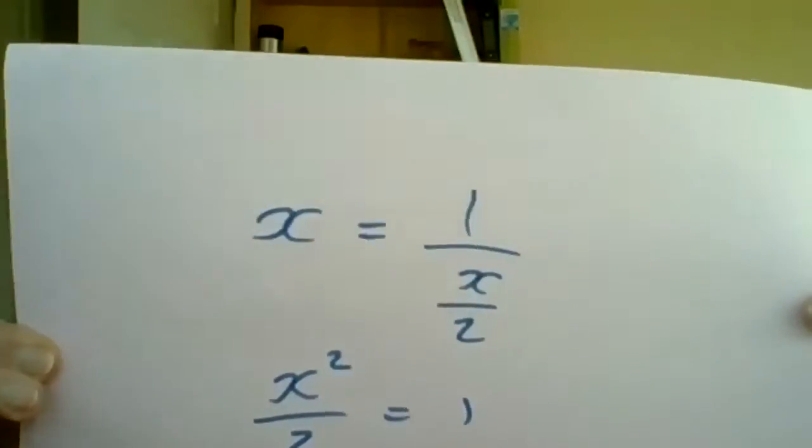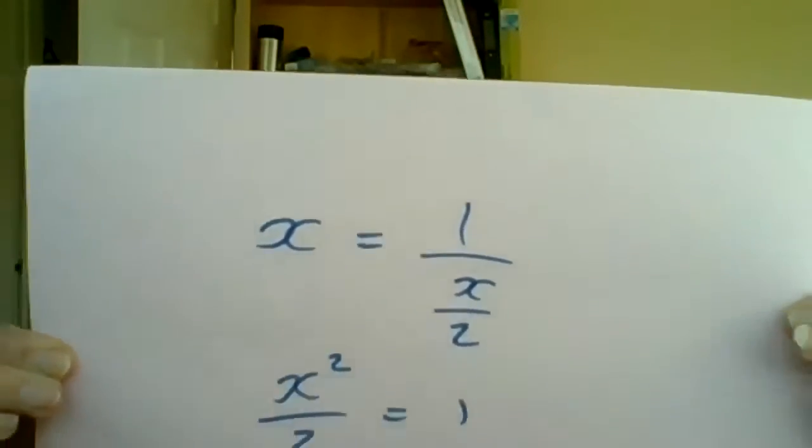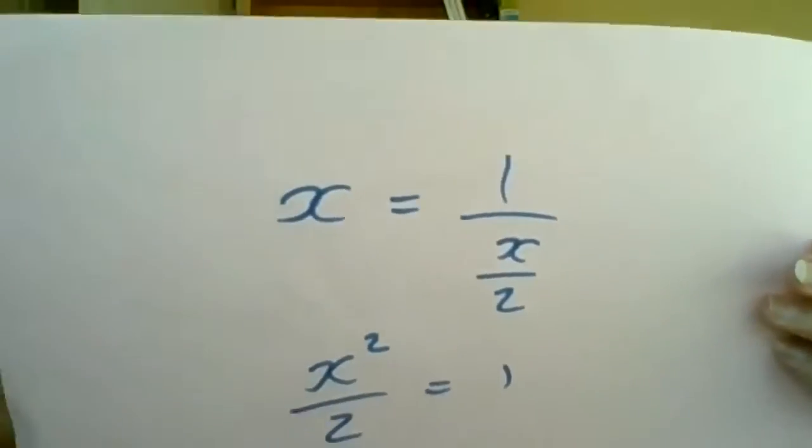And that's a very special relationship because I'm sure you know that in a unit square, the length of the diagonal is root 2. We can illustrate that with our rectangle and square.